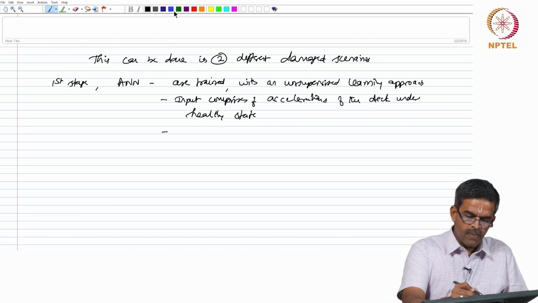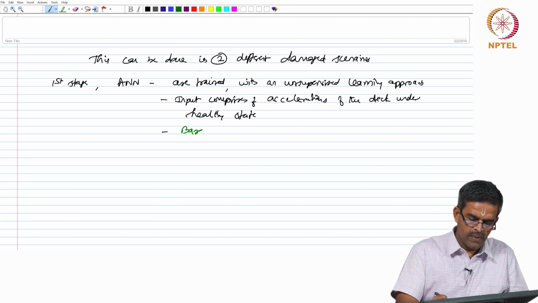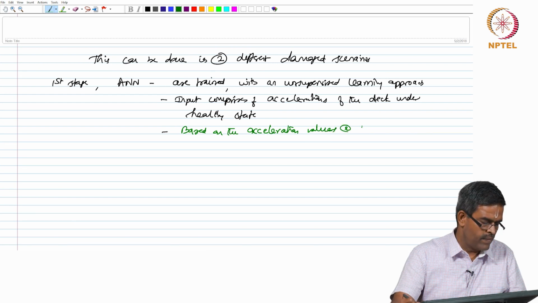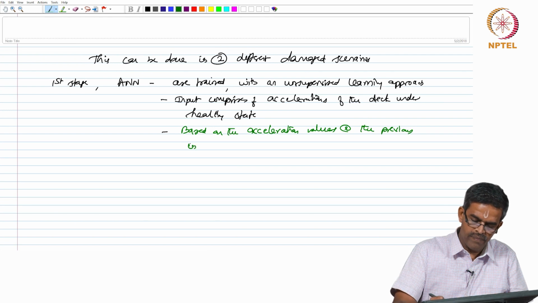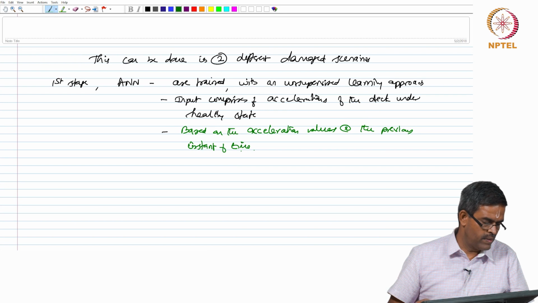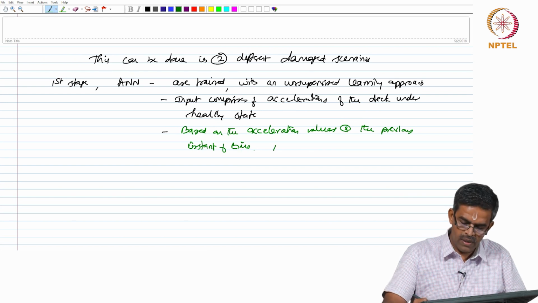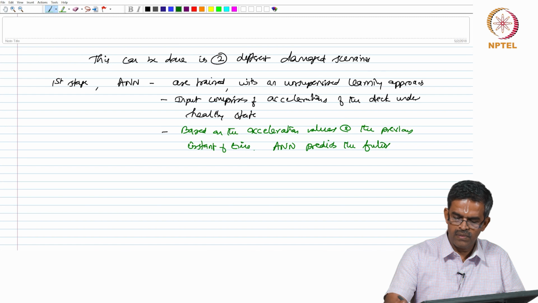Based on the acceleration values at the previous instants of time, the neural network predicts the future acceleration.